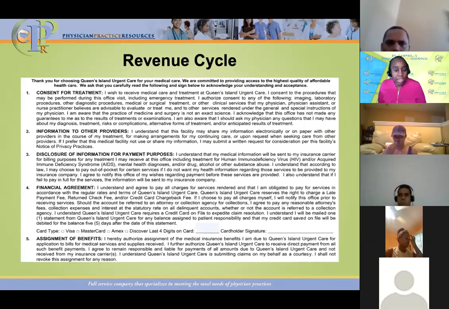This is us saying that you agree that the payment can come to us, so you are assigning your benefits from your insurance company to us. And you're also saying that if your insurance company does not pay, for any reason, you will pay. It's more than just treatment, and most patients don't even read it over. They just sign and move on with life because we say this is just for us to treat you, when it's actually not.